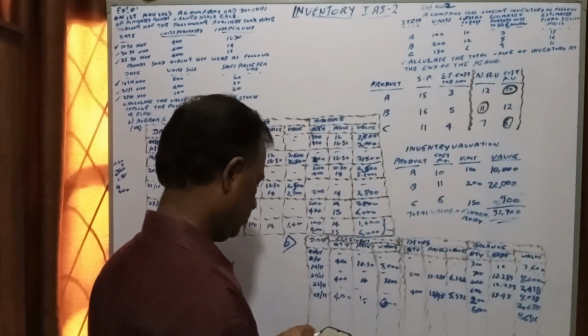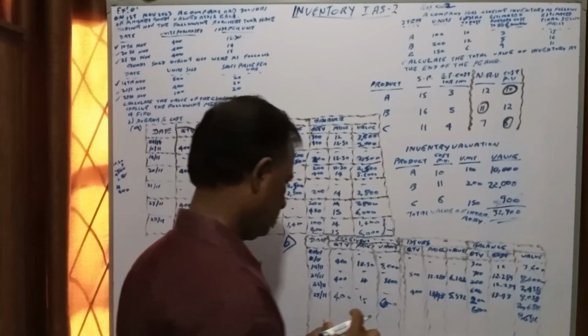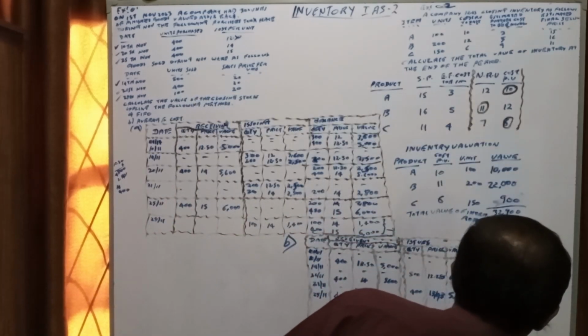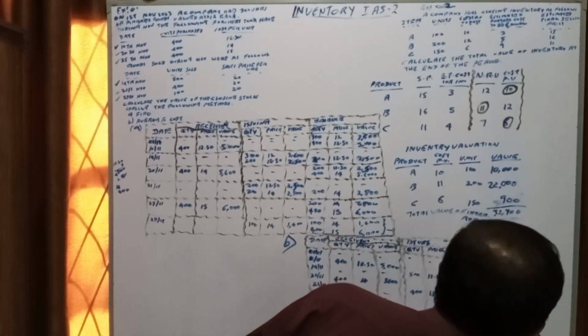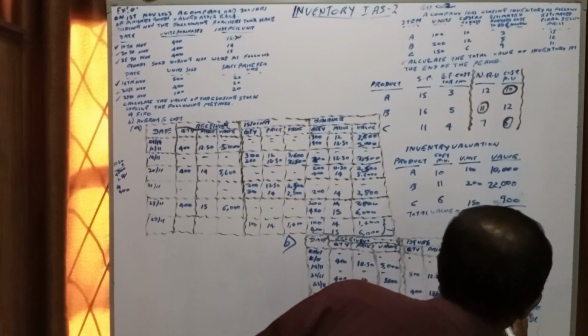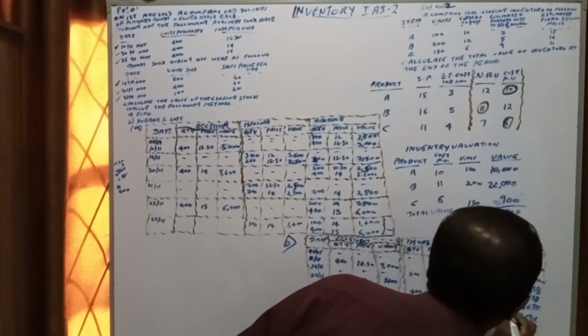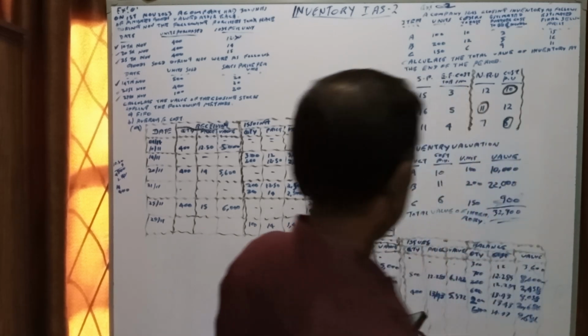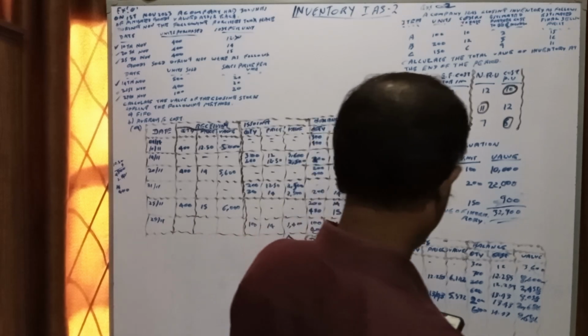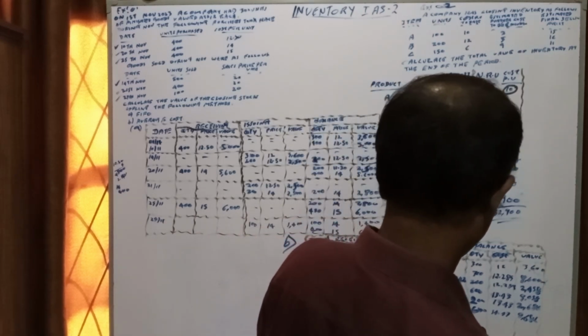That has to be divided by 600, giving 14.47.